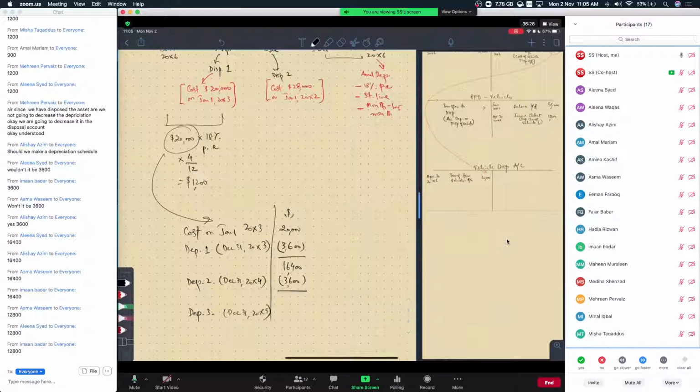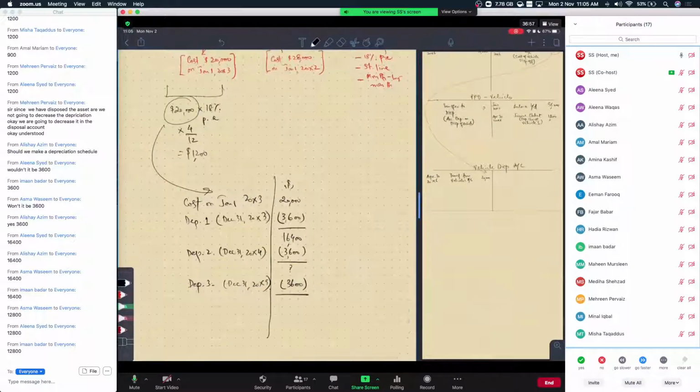Since it is the straight line method, the net book values over here will not be playing any important role. So you can skip the net book value. If this was the reducing balance method, then you would need the net book values to calculate the next depreciation. But since it is the straight line method, we know 3,600 remains constant over the years, so we can skip that part, but you can always calculate it if you want to. So another $3,600, right?